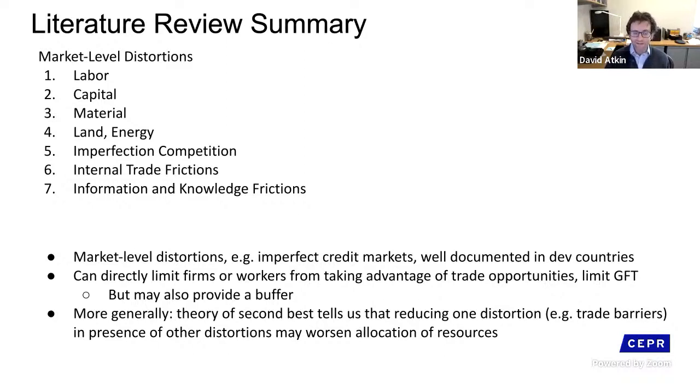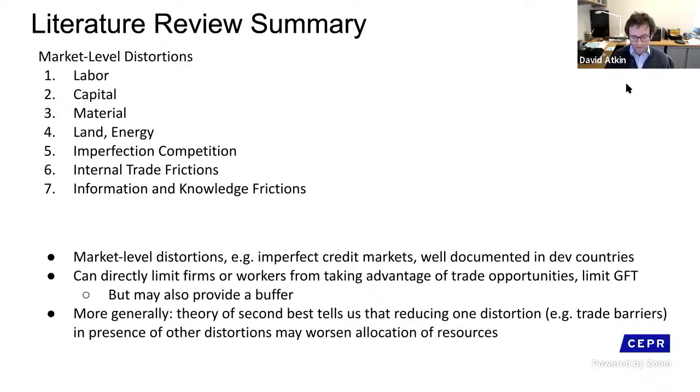But the flip side is that some of these distortions, such as labor regulations, may provide buffers which may be useful when there are shocks coming about through trade liberalization or such like. Similarly, internal trade frictions may also potentially provide a buffer from the volatility of international markets if you do integrate more.